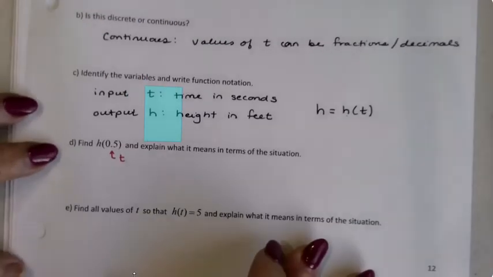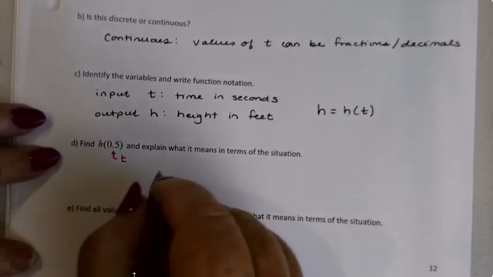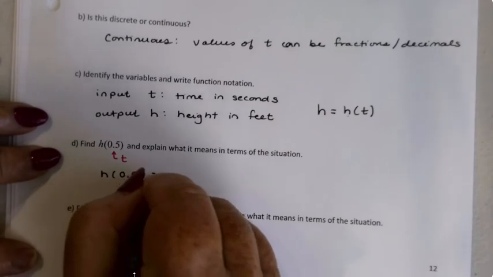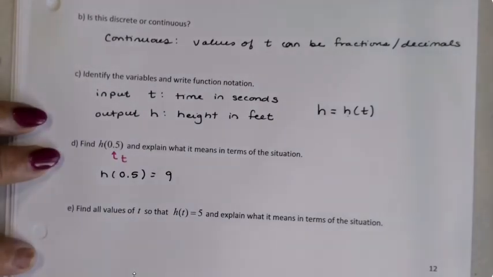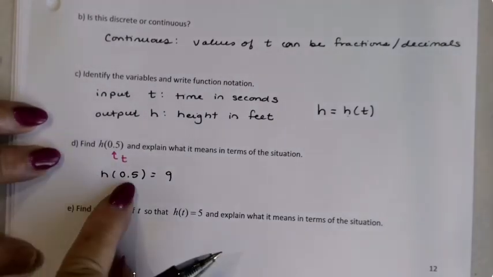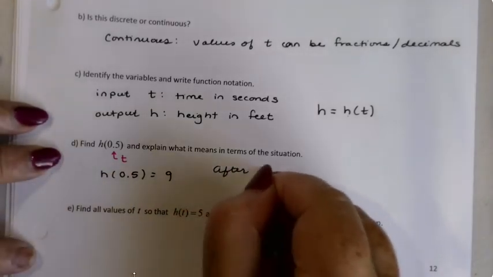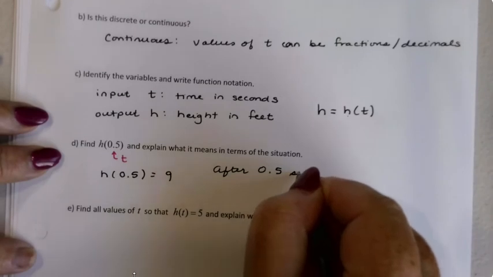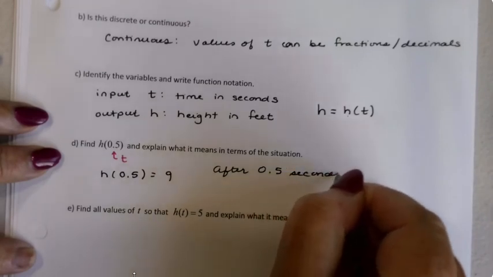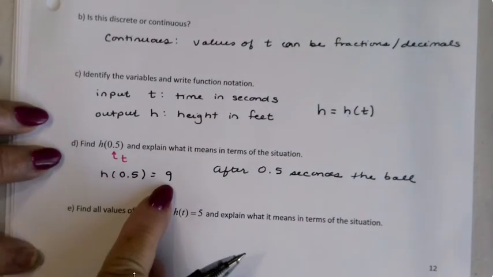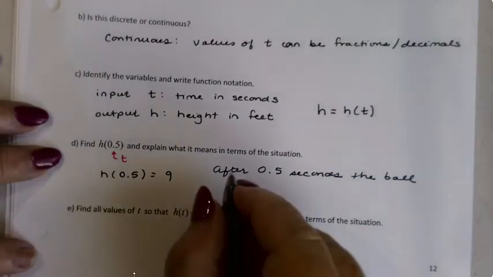So h of 0.5 is 9. 0.5 was the time, so at 0.5 seconds, the ball is going to reach a height of 9 feet.